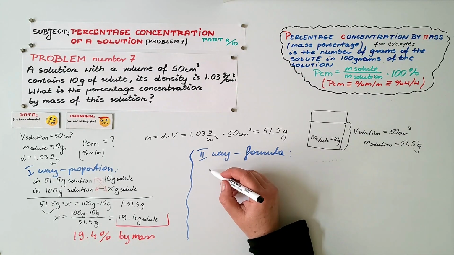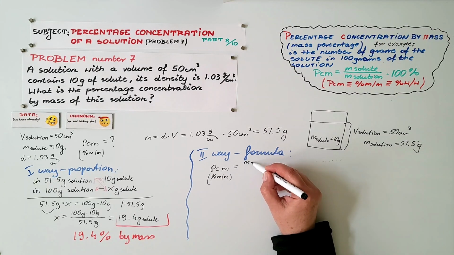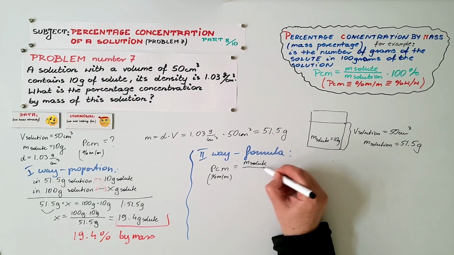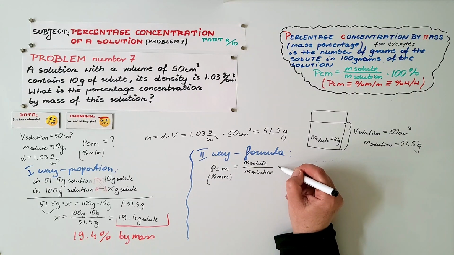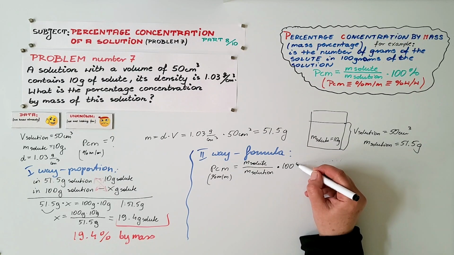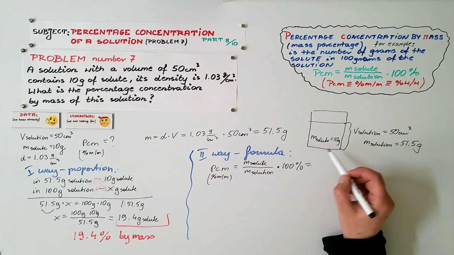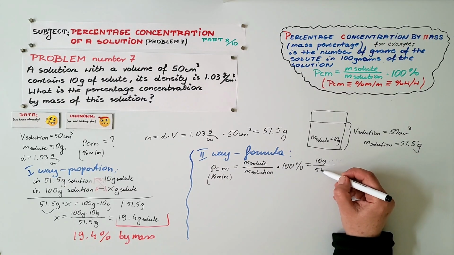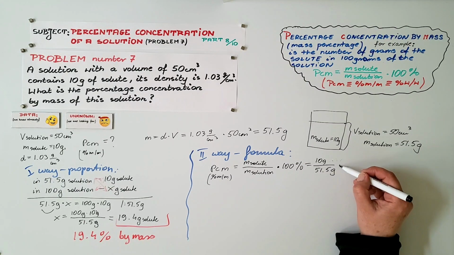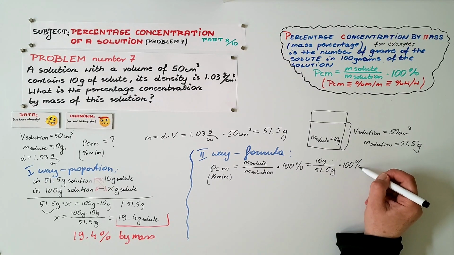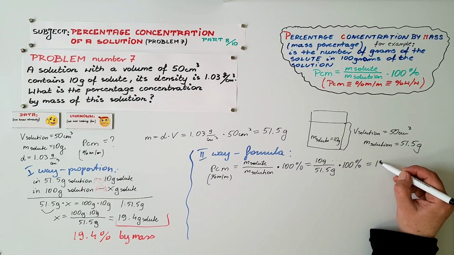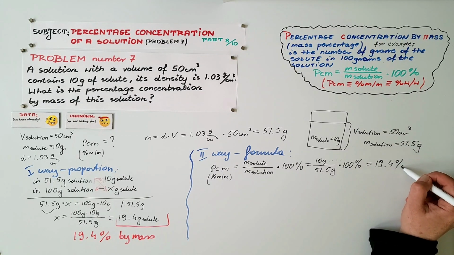So PCM, percentage concentration by mass, percent mass over mass, equals mass of solute over mass of solution multiplied by 100%, equals mass of solute 10 grams over mass of solution 51.5 grams multiplied by 100%, equals 19.4%.